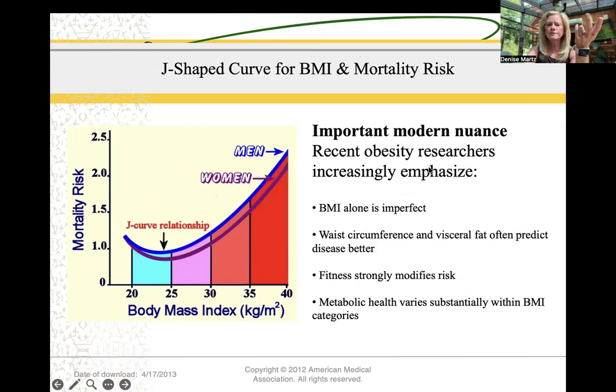So I just want to emphasize some things, like BMI alone is an imperfect metric. We saw that in the last slide. Waist circumference and visceral fat. So we talked about abdominal fat being more dangerous than fat in the thighs and in the buttocks. Visceral fat is actually fat that's inside the belly.